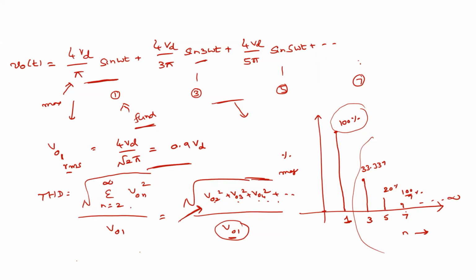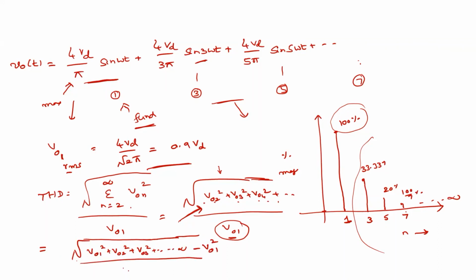This can also be written another way. Here we add V01 square plus V02 square plus V03 square and so on up to infinity, and we also subtract V01 square, divided by V01.